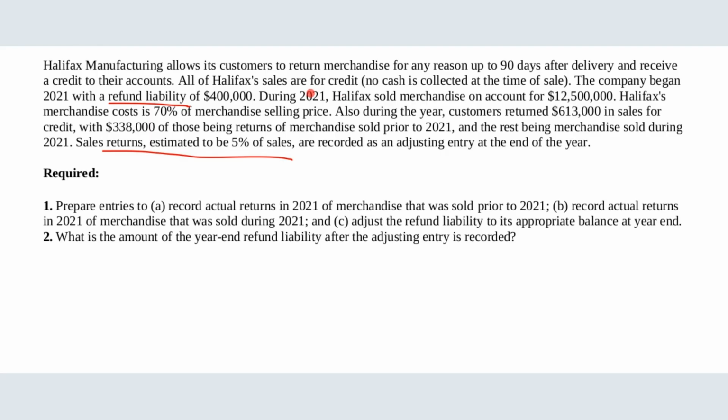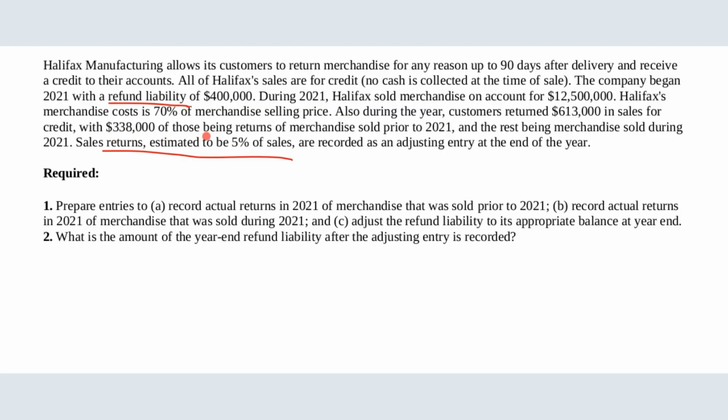Okay. And then we're also told that during 2021, Halifax sold merchandise on account of $12,500,000. Halifax merchandise cost 70% of the selling price. Customers returned $613,000 in sales for credit, with 338 of those being returns from merchandise sold prior to 2021.